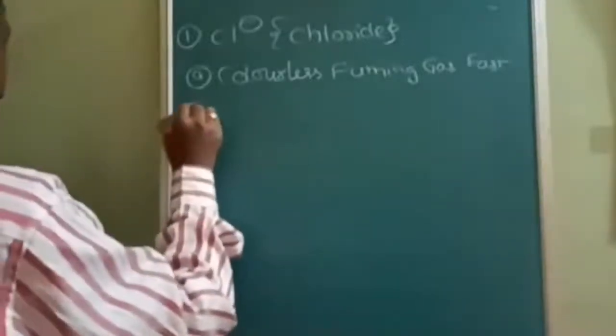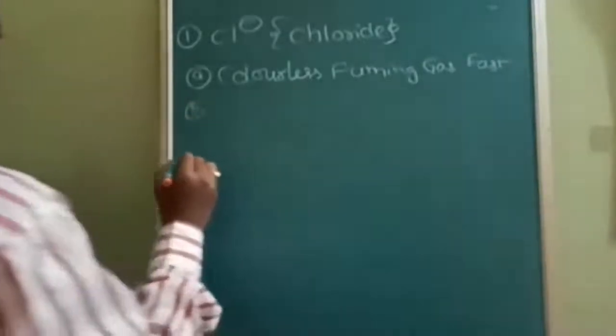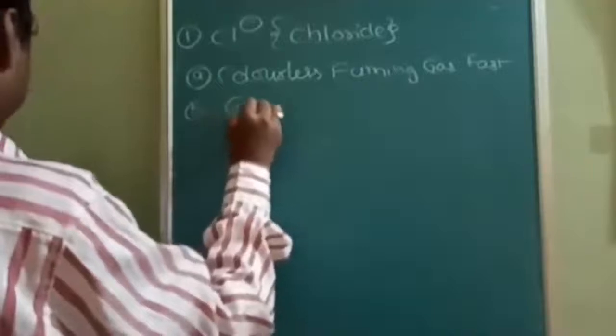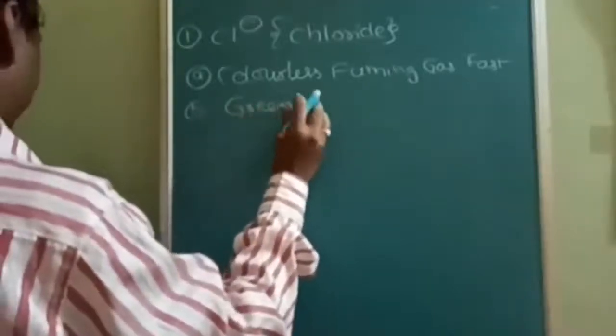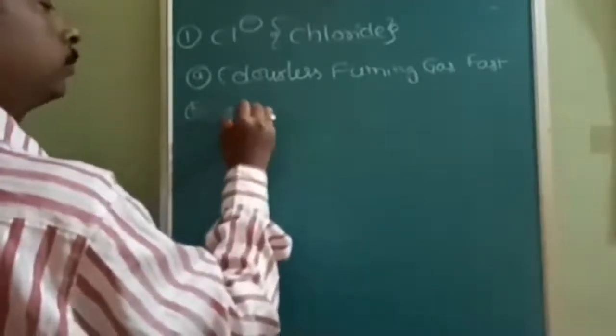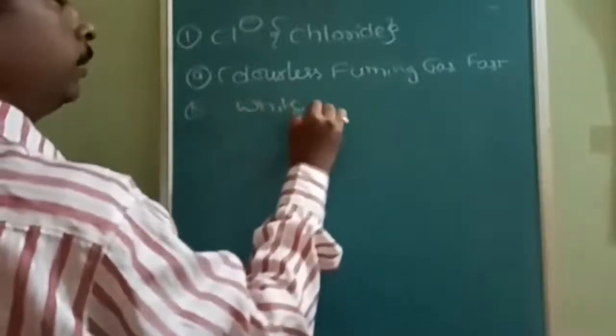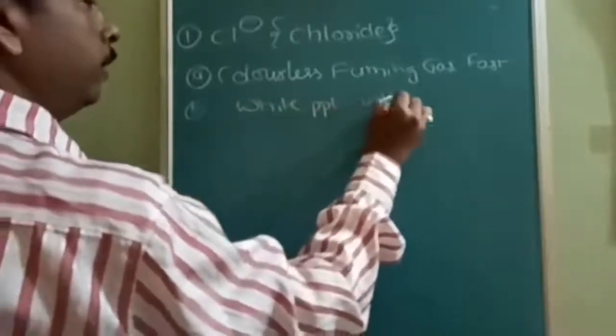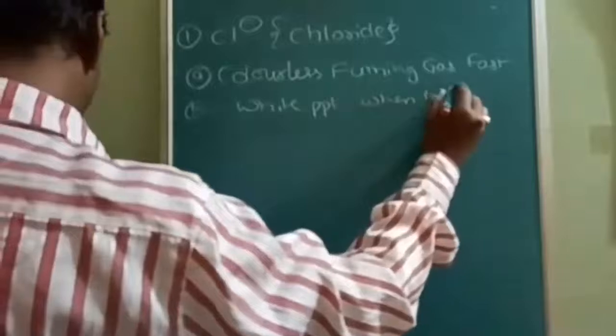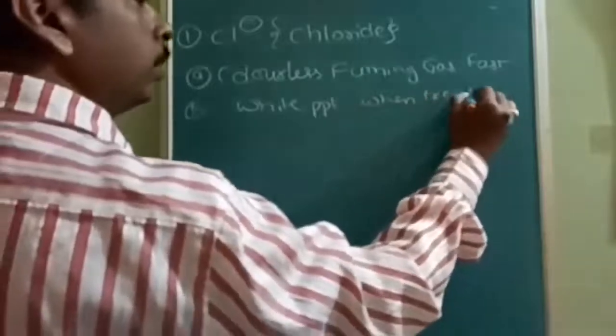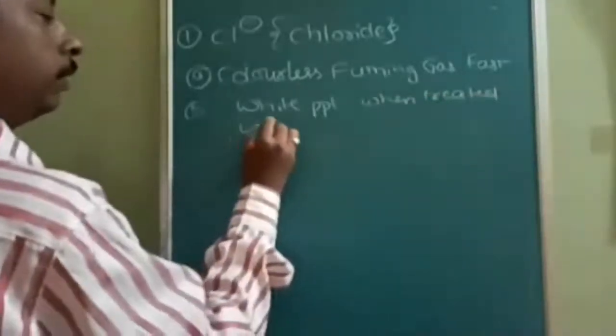The second one is a white precipitate. A white precipitate is formed when treated with AgNO3.